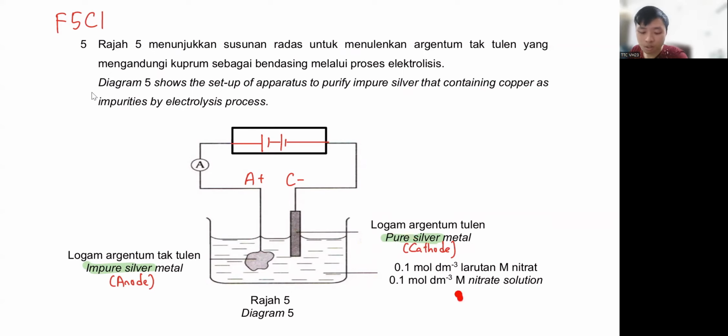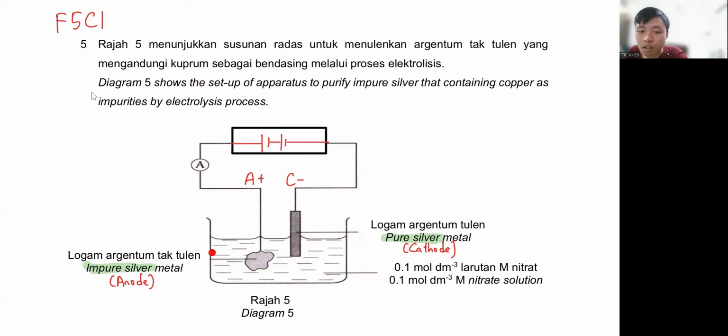Then M nitrate solution. So what happened? You have to remember impure silver, they always put at the anode. Actually, this one has a battery. This one undergoes the electrolysis process. Electrolysis has a battery, so you have to draw one.